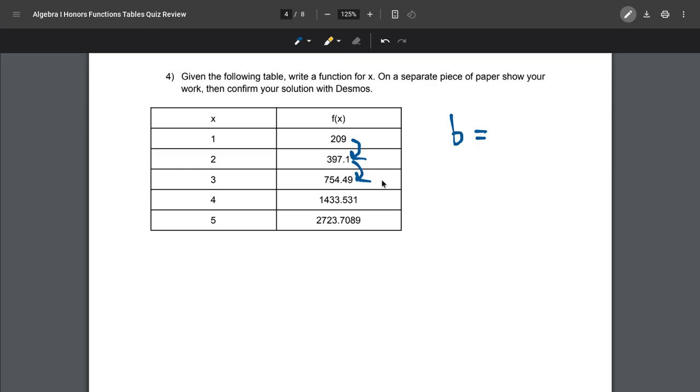So if I take 397.1 and divide by 209, so let me take out my handy calculator here, 397.1 divided by 209, and we get 1.9 as our b value.